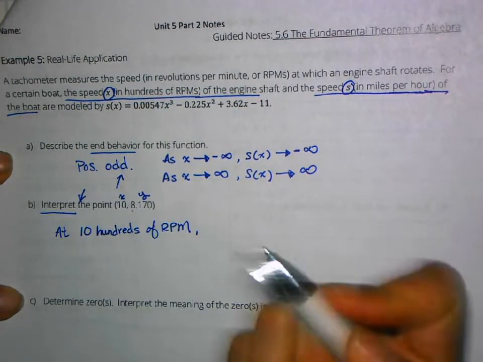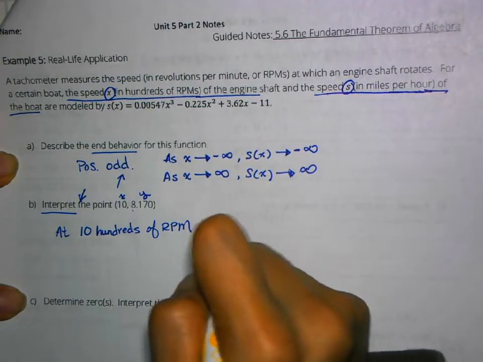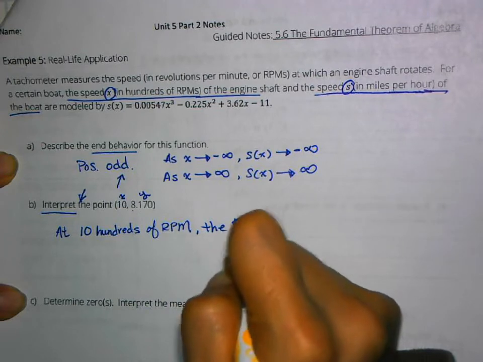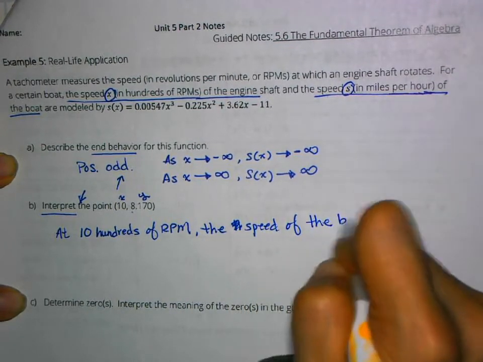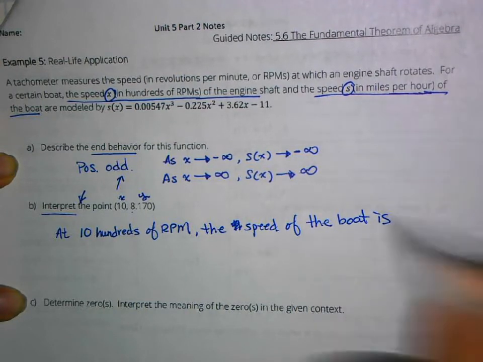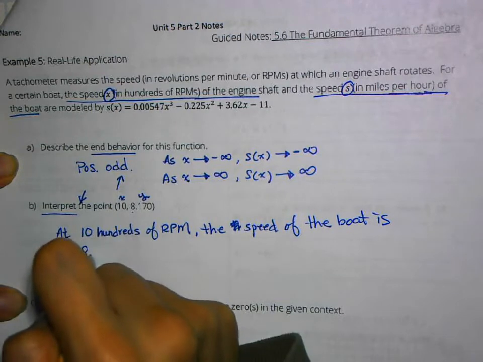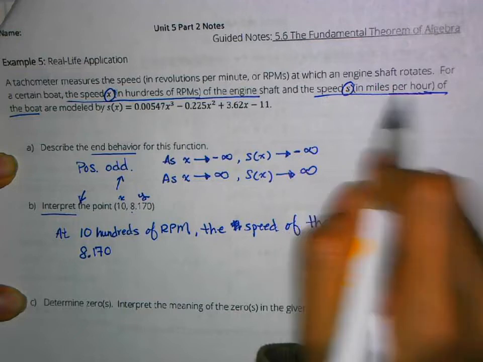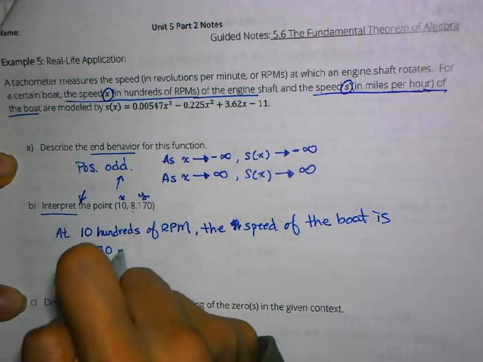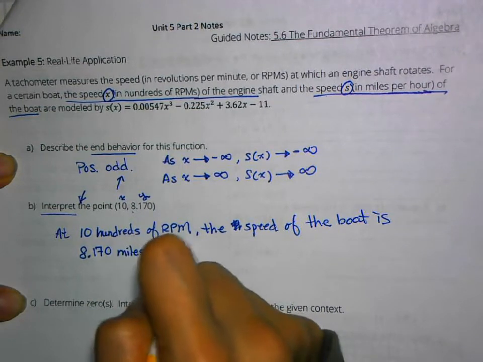Now you're looking at the y. What is my y? S is the speed of the boat. So you have to tell me the speed of the boat is, well, what is the speed of the boat? It says 8.170, and the speed of the boat is in miles per hour.